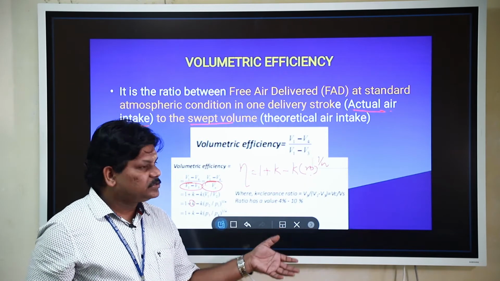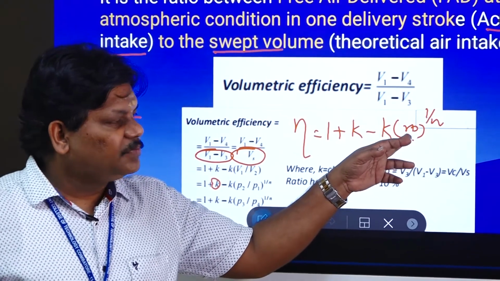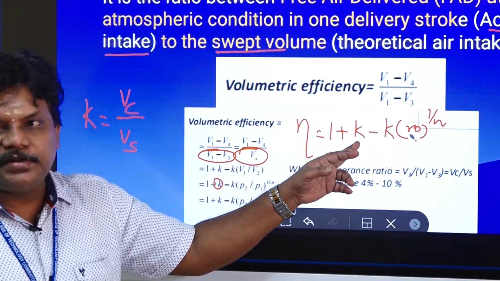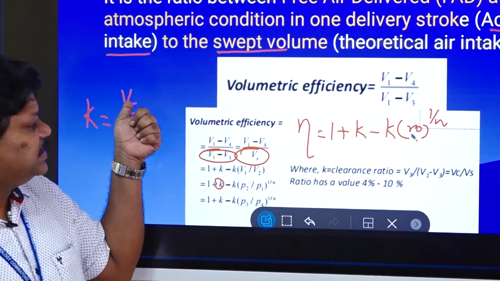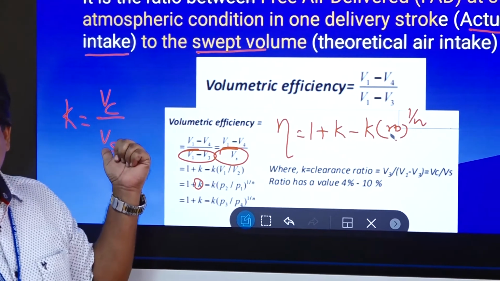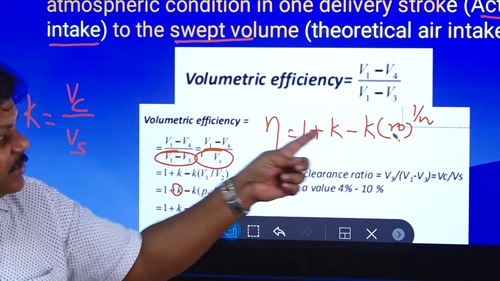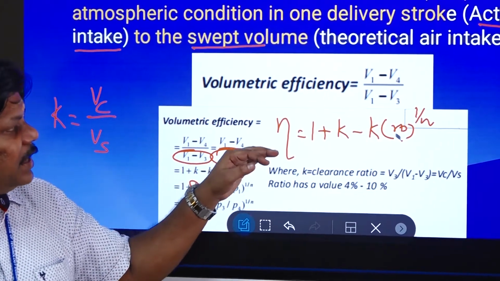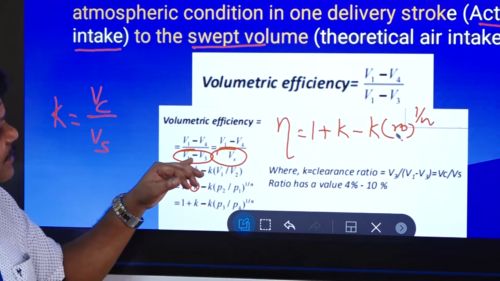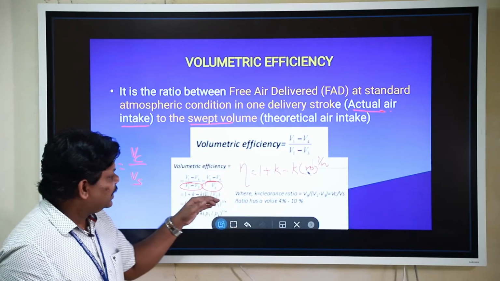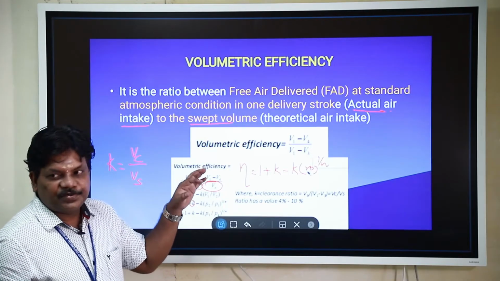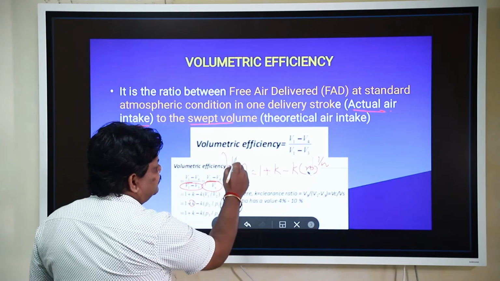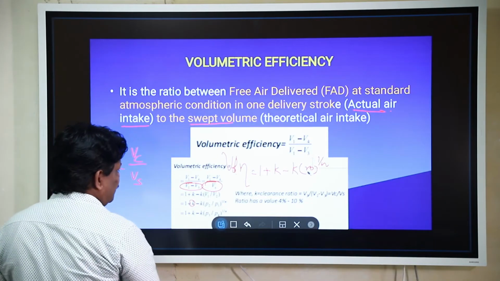In that case you have to find the final pressure, and based on that find the value of Rp, and then find the value of K using the relation of clearance volume and swept volume. From that you can find the value of the efficiency using this formula, that is the volumetric efficiency.